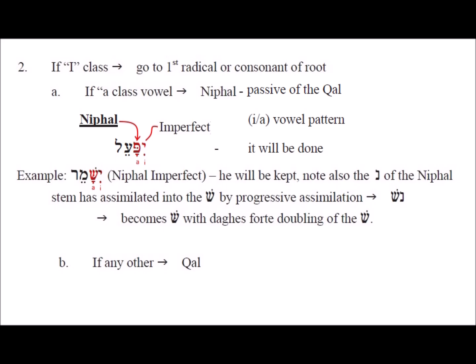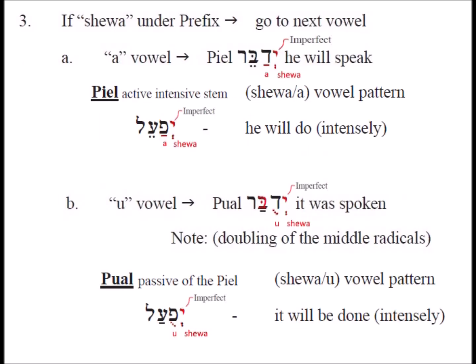Then thirdly, if you have a shva under the prefix, then go to the next vowel. If it's an A vowel, it is a Piel. If it's a U vowel, it's a Pual in the imperfect.